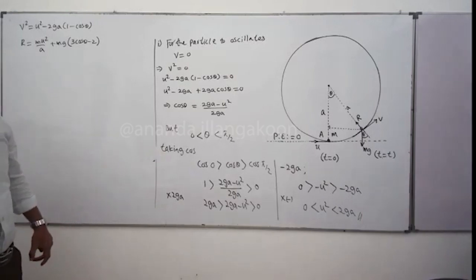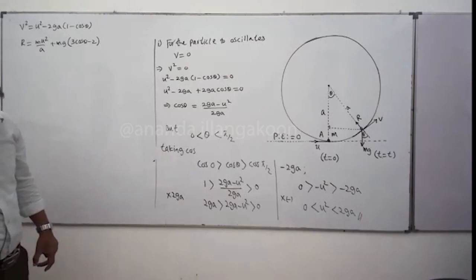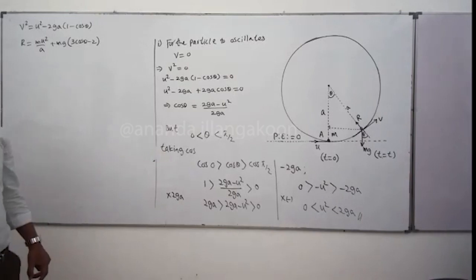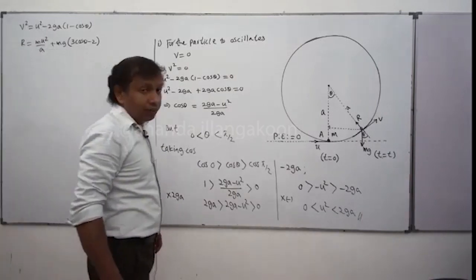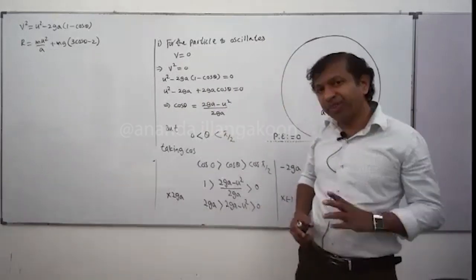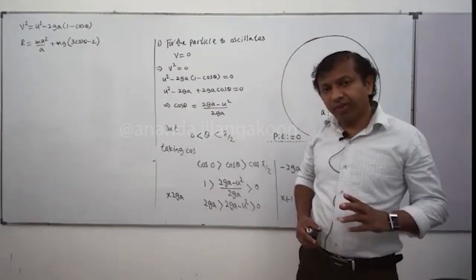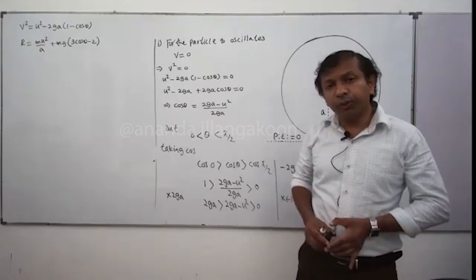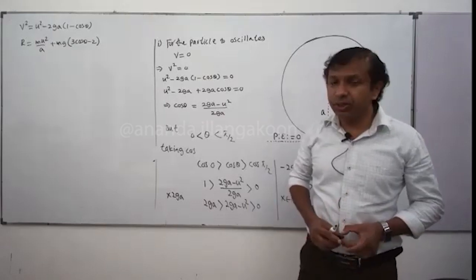If U squared is less than 5Ga and greater than 2Ga, the particle leaves the circular motion and moves as a projectile under gravity. Correct. So again, we told people here also the conditions required for these different happenings are similar to those of the earlier case we considered.